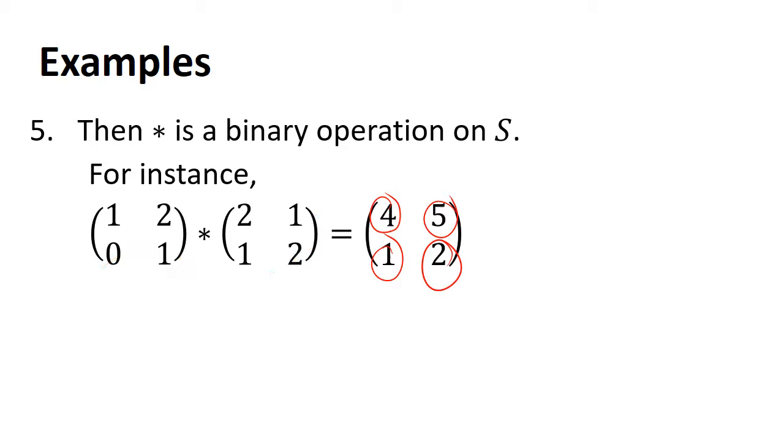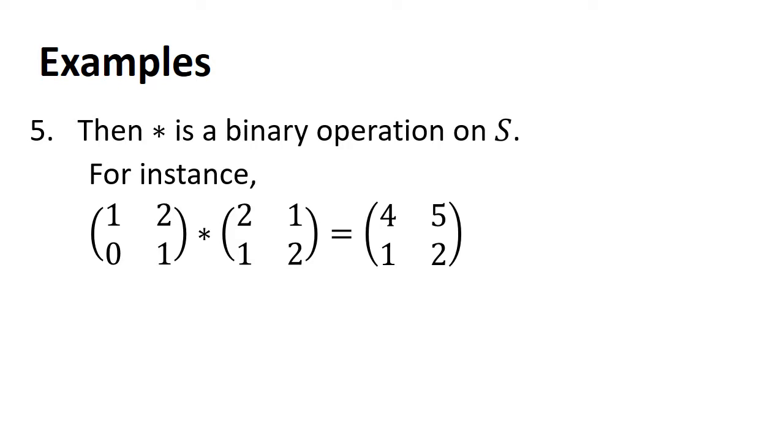And as you can see, the entries of the 2 by 2 matrix [4 1; 5 2] are still real numbers and it is still a 2 by 2 matrix. Therefore, it's still an element of S, and because the products are all elements of S, our operation, matrix multiplication on 2 by 2 matrices, is a binary operation.